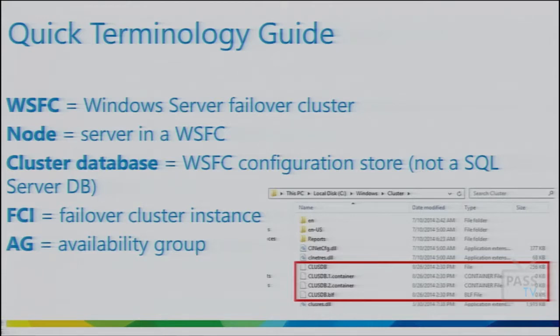The database of the cluster is not what we think of in the traditional SQL Server terms. It's just its configuration information. That little picture there shows you what it actually looks like. An FCI is a clustered instance of SQL Server. So that's the traditional form of clustering that we think of when we implement a SQL Server. An AG is an availability group. And because both of these features will be impacted by quorum, I'll be discussing both of them.